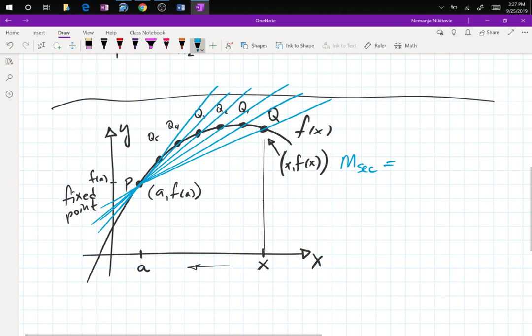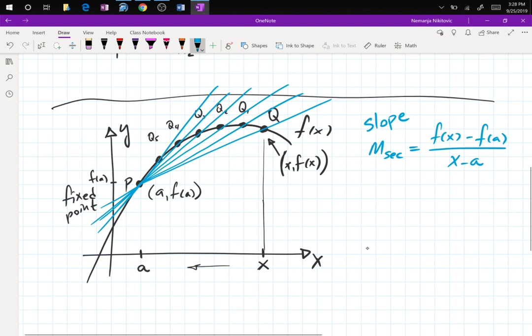So now if you observe any of the blue lines, you will be immediately able to write that m secant is f of x minus f of a over x minus a. So that's just the slope of each one of the blue lines.